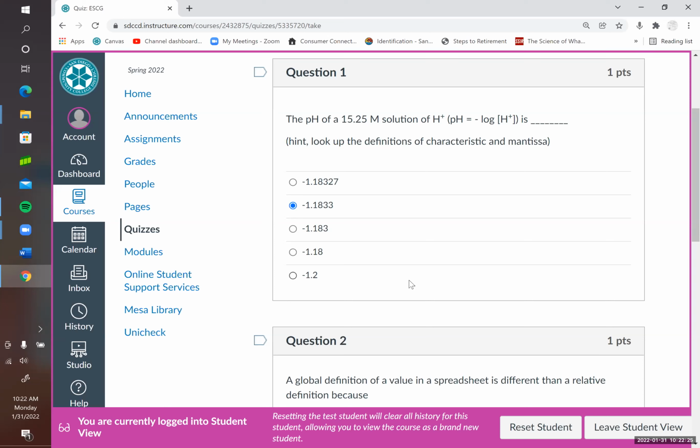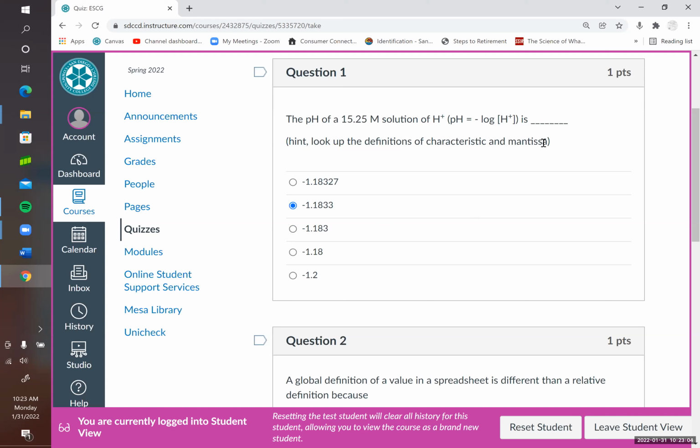Did that help answer your question? Yeah. Okay, so again, in other words, do the quizzes and understand them. If you have a problem, then find the solution. Ask me, what's up with this? I don't understand this. I can't get it. I looked up the definition and so forth. Because when you go to prepare that report, they're going to ask you to do a similar operation and expect you, when you report that answer, to have the appropriate number of significant figures.